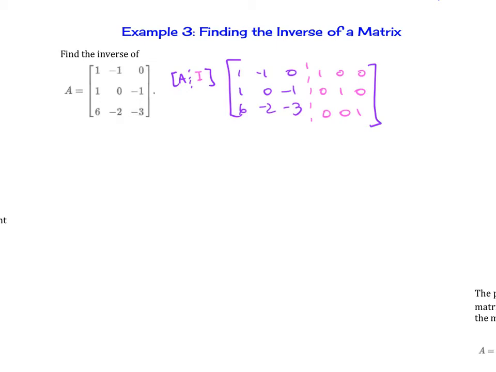I want to get rid of the 1 in the second row. One way to do that is to multiply the top by a negative and then add it to row 2.